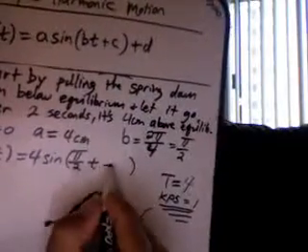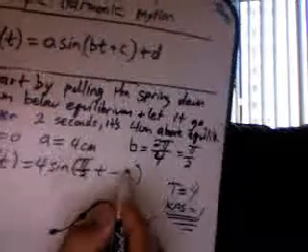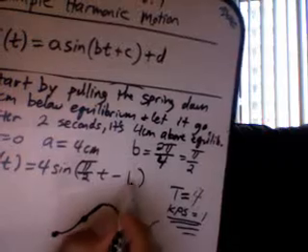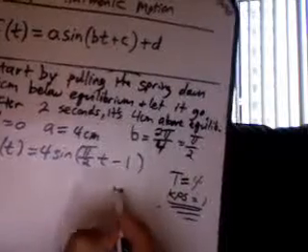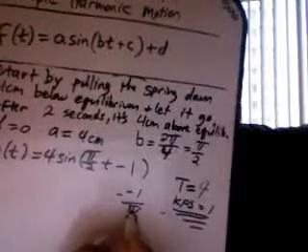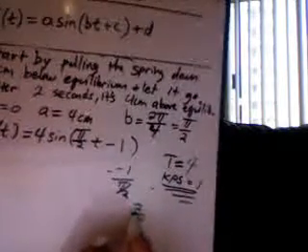To the right means we have to put a minus there. And we can't just put a 1, because, as you know from the previous section, the phase shift is actually negative C over B. That's not what we want. That ends up being what? 2 over pi? That's not the phase shift we want. We want a phase shift of 1 to the right.